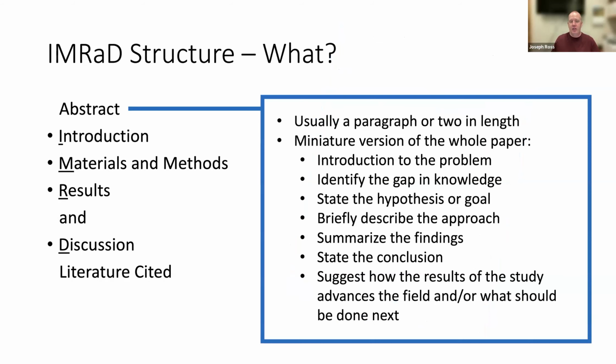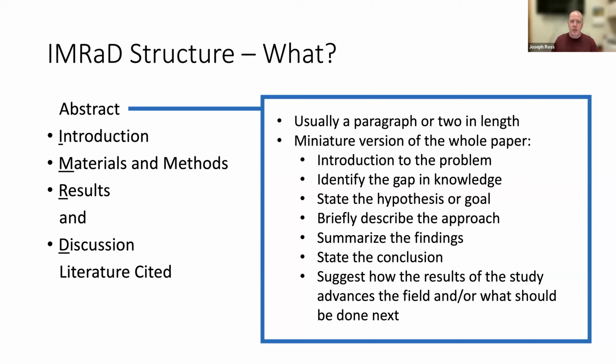The abstract is short, as you just saw. It's typically a miniature version, about a paragraph in length, of the entire paper. So it should tell you all of the things that are shown here. What's the big question? What's unknown? What are we doing? What are the authors doing differently? So what's novel about the research? What's exciting about the research? What's their hypothesis or goal?